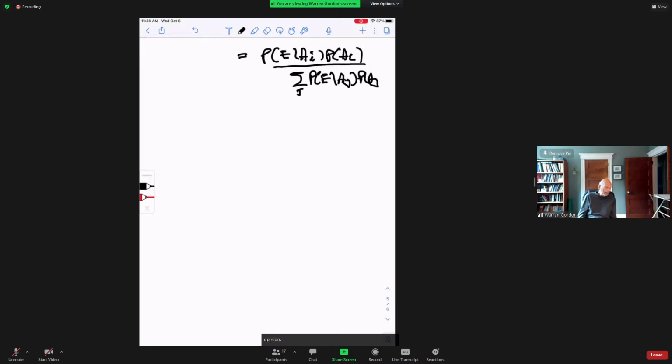I'm taking this problem right out of the book. This is example 1 on page 83, I think it is. Suppose it's known that 5% of the population is infected with a virus.